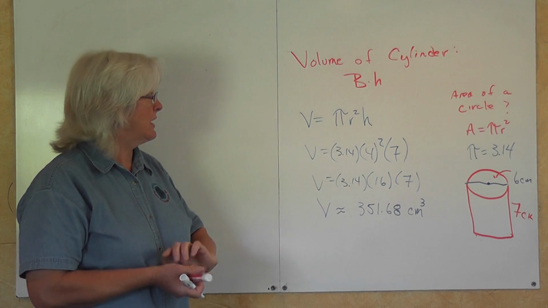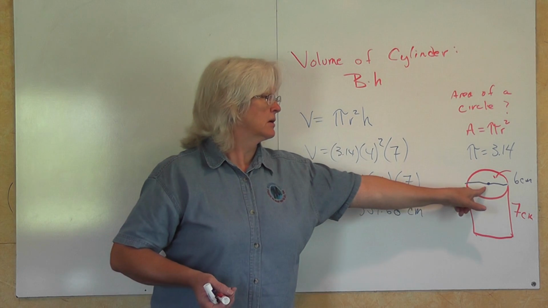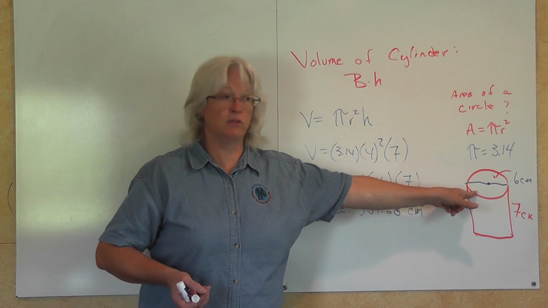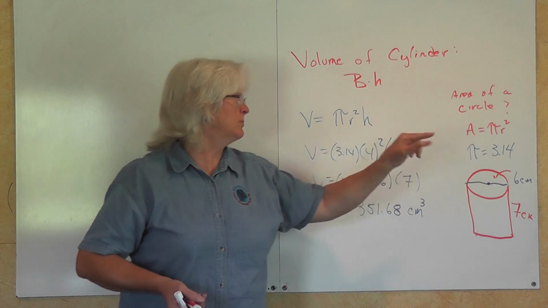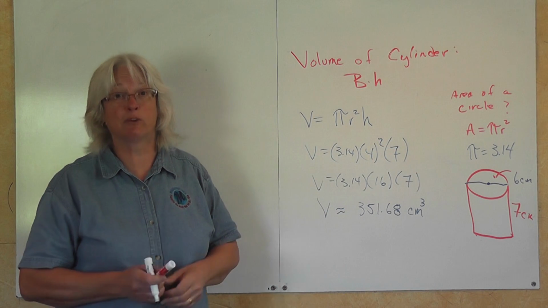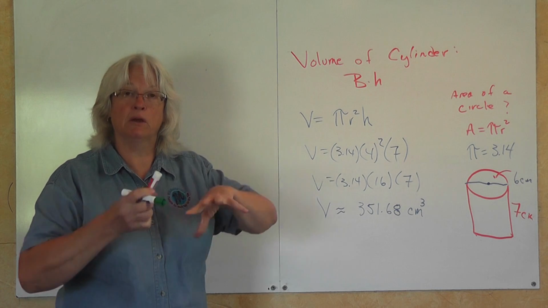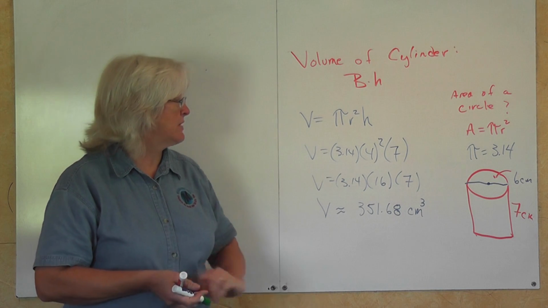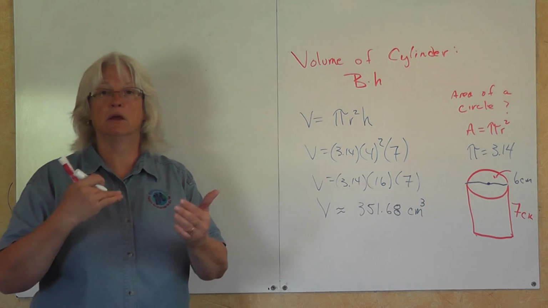No, you wouldn't do that, of course, because this is asking for area. This line going through the center of our circle here is the diameter, so you cut that in half. It would be 3 centimeters would be the radius. That's the only thing you really have to be very careful for when you're dealing with the volume of a cylinder. That's making sure that you differentiate between radius and diameter.